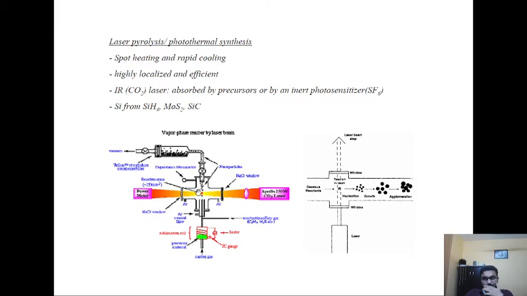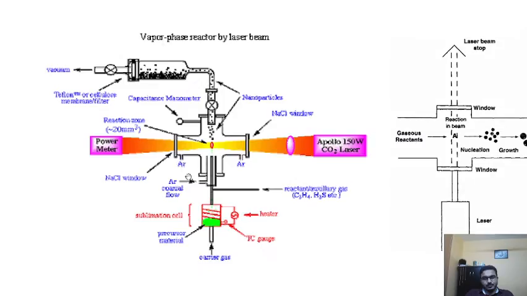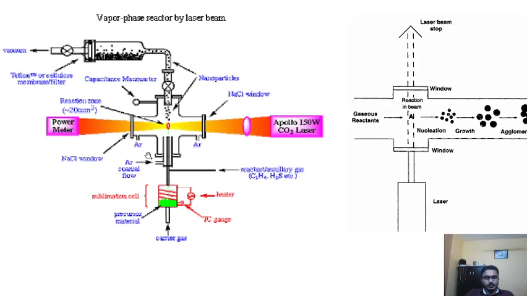So here there is a figure of a vapor phase reactor with a laser beam. We have a carrier gas at the bottom. Here the precursor material is there, a heater is there, and this is the entire sublimation cell.